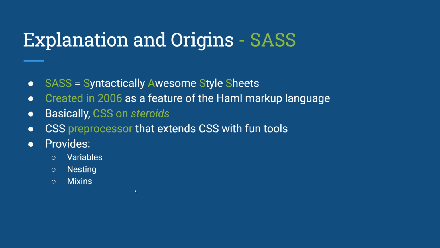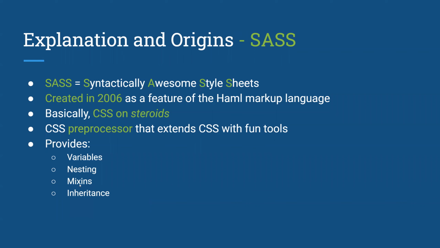It provides us mix-ins, and what that allows us to do is utilize common styles across different classes and things like that. So you can share styles very easily between things. And it provides some level of inheritance where you can extend other classes that you've defined.